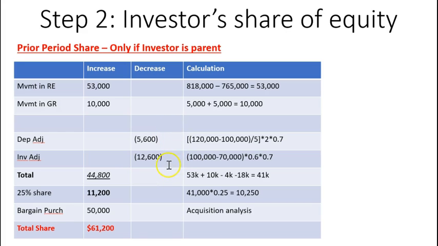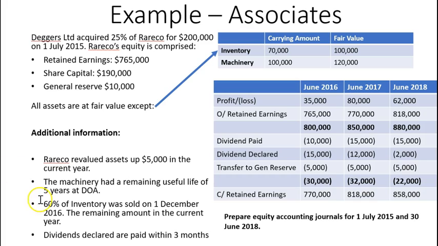Next one is our inventory adjustment. So if we again look back here, we can see that 60% of inventory was sold on 1 December 2016 and the remaining amount in the current year. So this 60% of inventory related to a prior period. Again, we look up at our table here, we can see that inventory had a carrying amount of $70,000, but a fair value of $100,000.